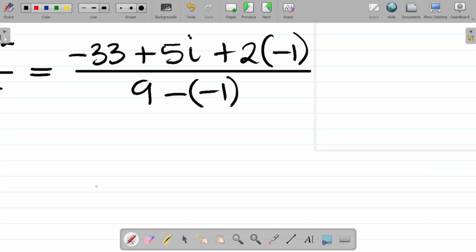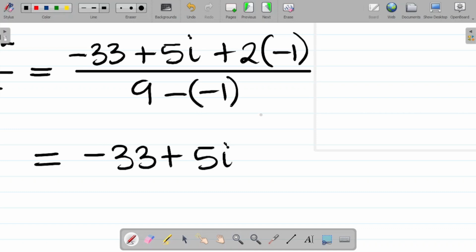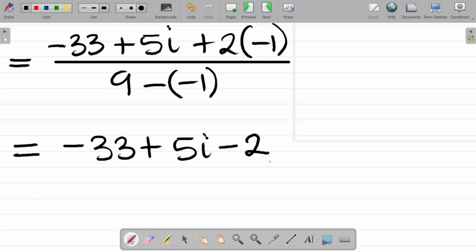That becomes minus 1. So this is now equal to, I have minus 33 plus 5i plus 2 times minus 1 is minus 2. This is all over, I have 9 minus minus 1 is plus 1.